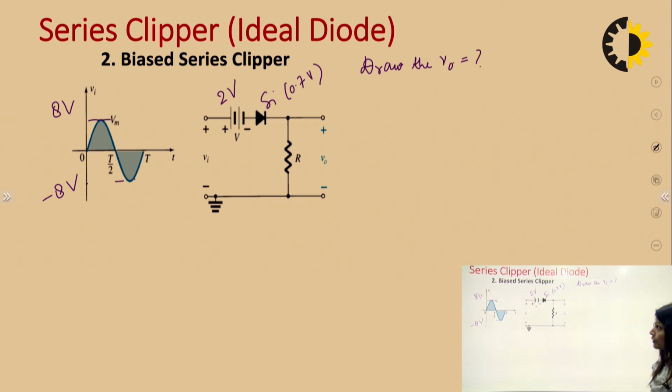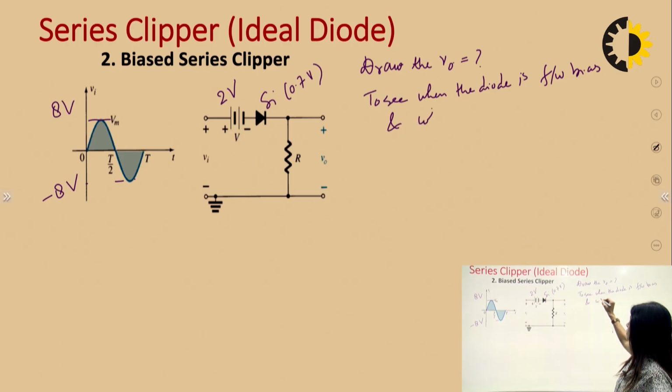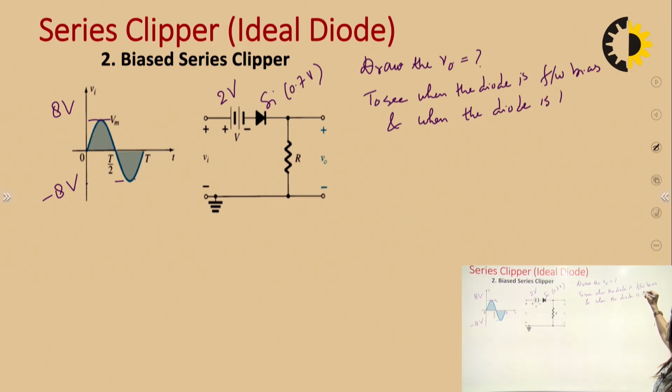Now we have to see when the diode is forward bias and when the diode is reverse bias.